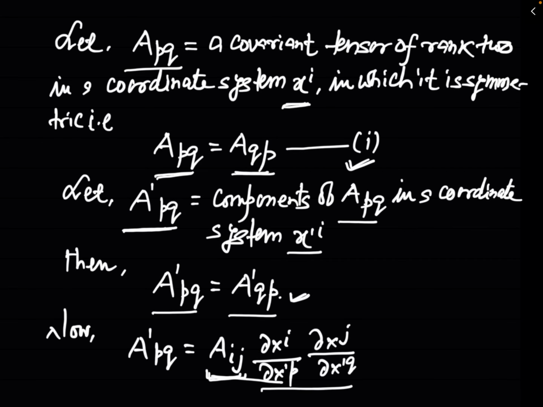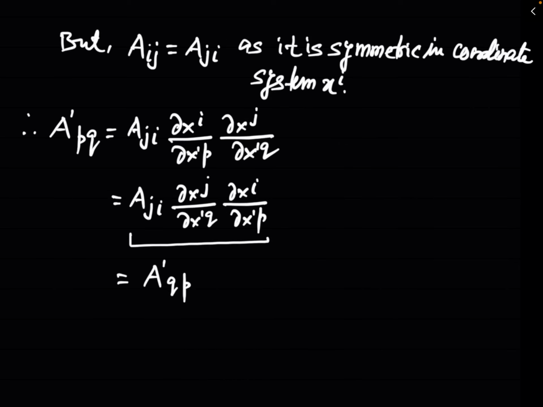You can compare this from this result, that when there is Aij, then here is P and Q, and when there is Ji, then there is Q and P. So this is A prime QP. So finally, you can see we have obtained the result that A prime sub PQ is equal to A prime sub QP. And this is the result which was to prove.